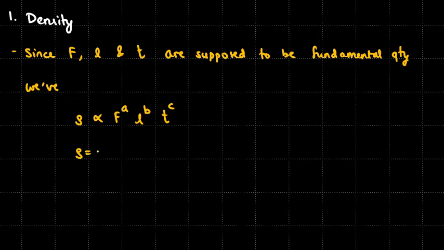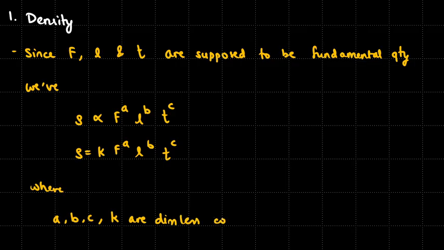So removing the proportionality sign, let's add a constant, which is k: rho equals k F to the power a, L to the power b, T to the power c, where a, b, c and k are dimensionless constants, and a, b and c must be found. Now let's write the dimension of everything here. The dimension of density is mass upon volume, which will be ML^-3.